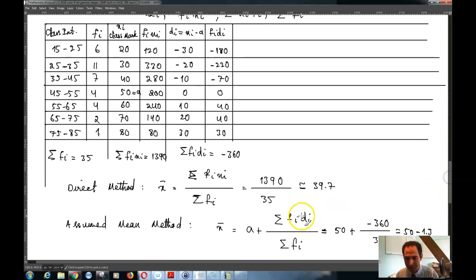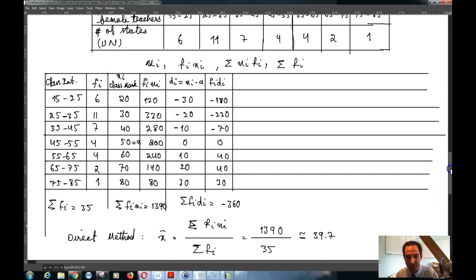Okay, so sigma f of i d of i. If I take d of i as x of i minus a, and if I take a as 50, then 20 minus 50 is negative 30. That's negative 20, and that's negative 10, that's 0, and so on and so forth.